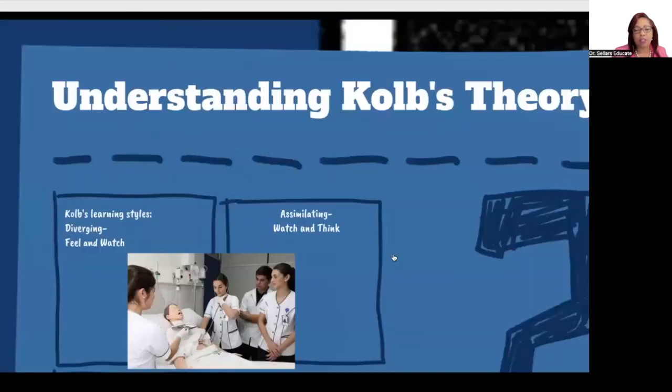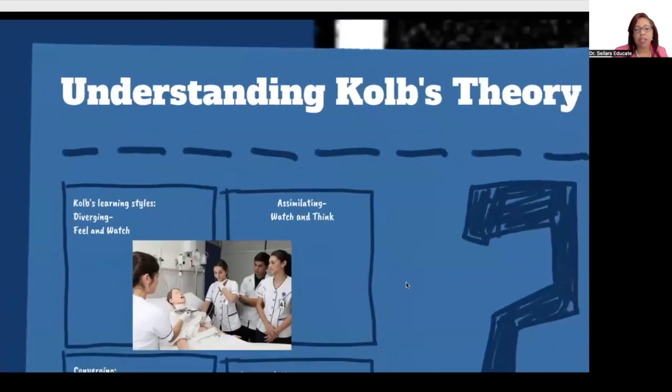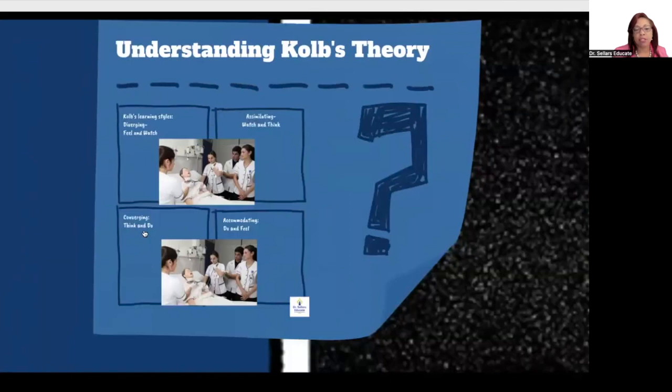And then next, we want to talk about taking a look at our convergers that think and do, and our accommodators that focus on doing and feeling. Certainly with our accommodators, they're ready to jump right in because they feel like they have the knowledge that they need to have those hands-on experiences. So they're often very excited about finally getting to the clinical experiences. And then our convergers are as well, but they're more of a processor, right?